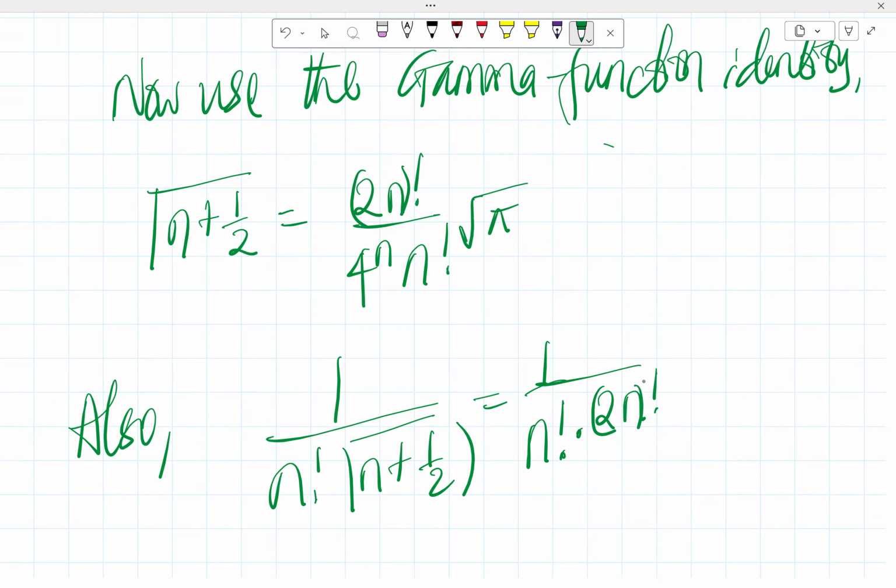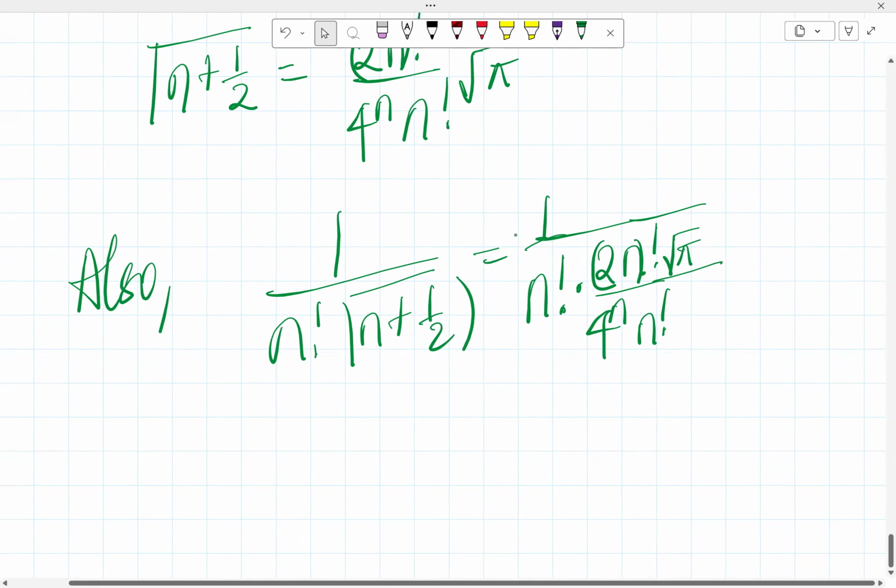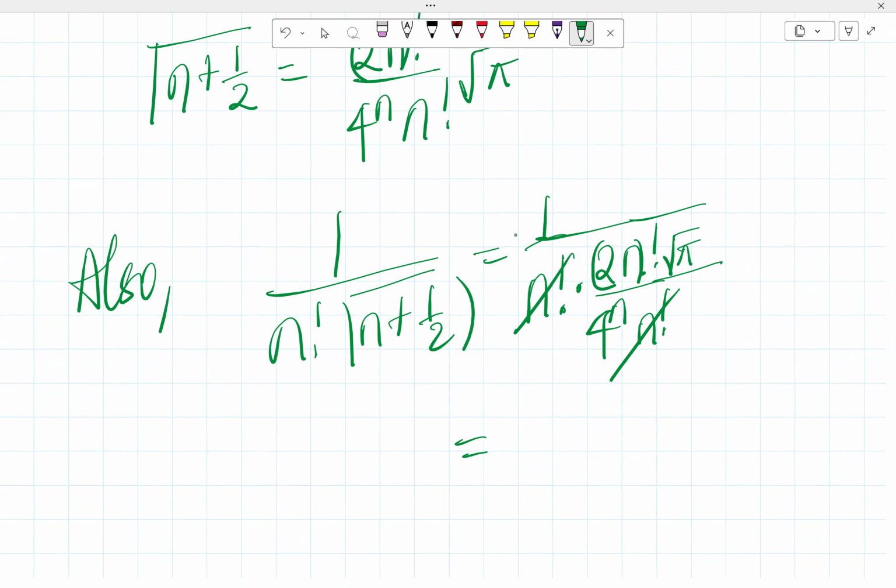So this will be 2n factorial, 4 raised by n factorial, then root pi. So this is root pi up here. So if we tidy all of that up, this cancels this. So we then have 4 raised by n goes up. So we have 4 raised by n all over 2n all factorial square root of pi.